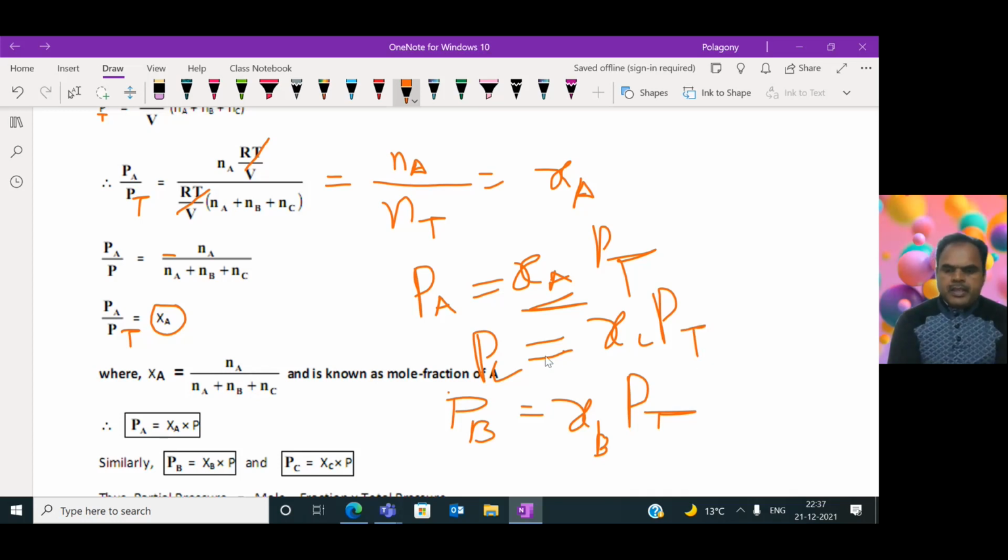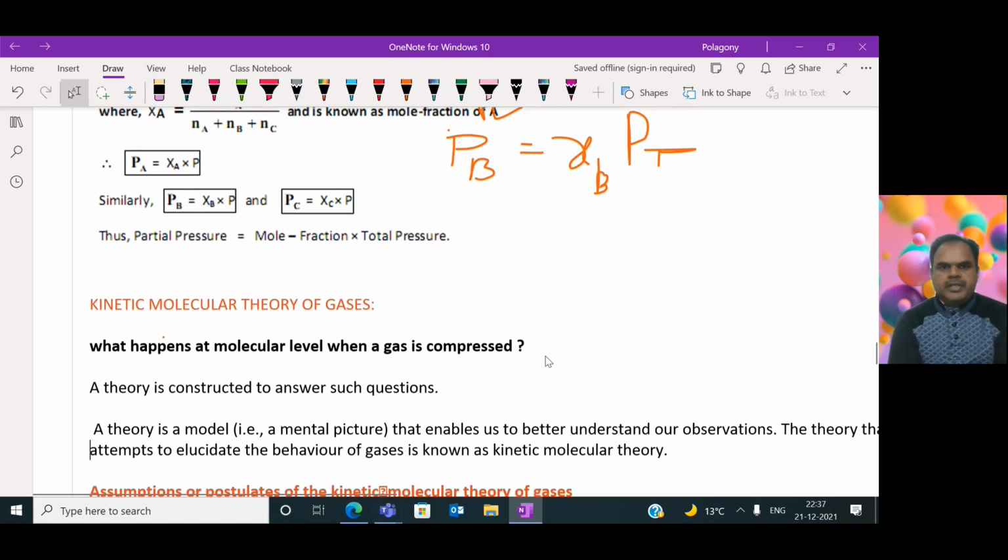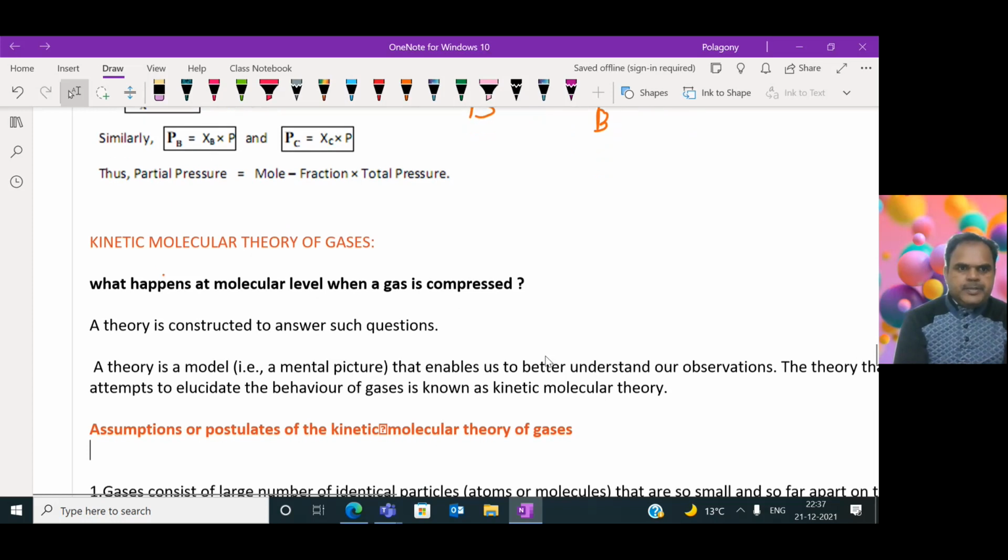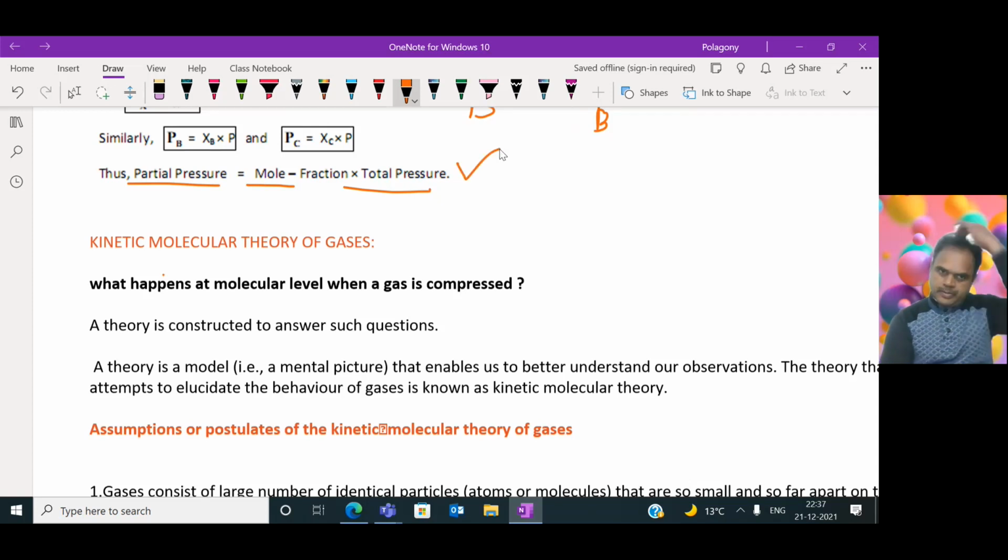So this is the relationship between mole fraction and partial pressure from Dalton's law. We can make the statement: the partial pressure is equal to the mole fraction times the total pressure of the non-reactive gases. This is the relationship between partial pressure and mole fraction of the gas. So this is John Dalton's law of partial pressures.